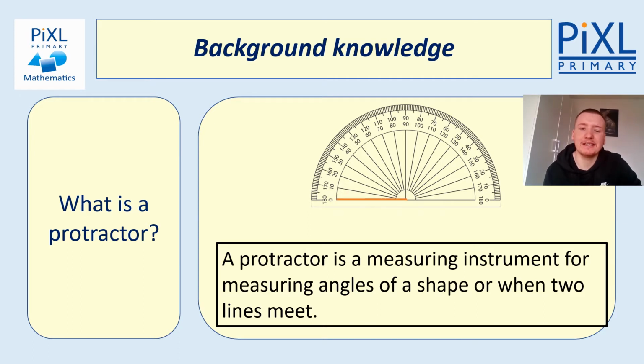So let's look at the lines on my protractor. You will notice the orange line that runs across 0. Then if I put a second line, we now have an angle that we need to work out. So everyone point to where it is on the bottom left of your protractor where 0 is.